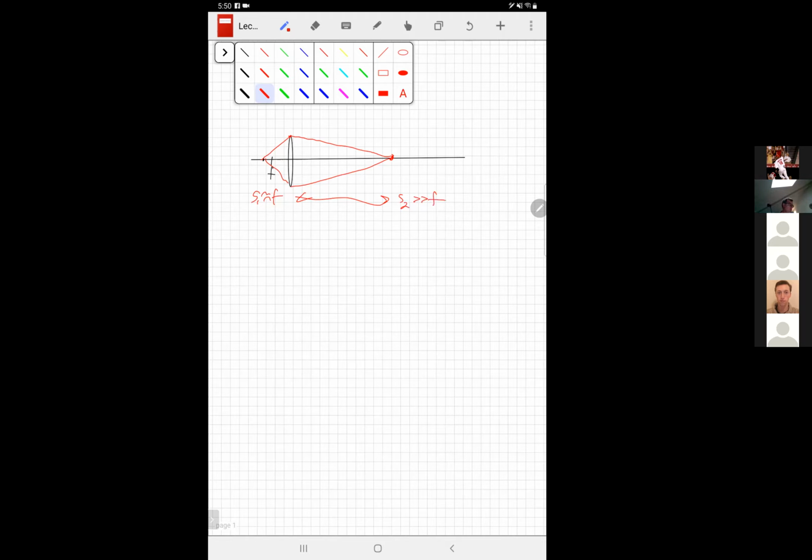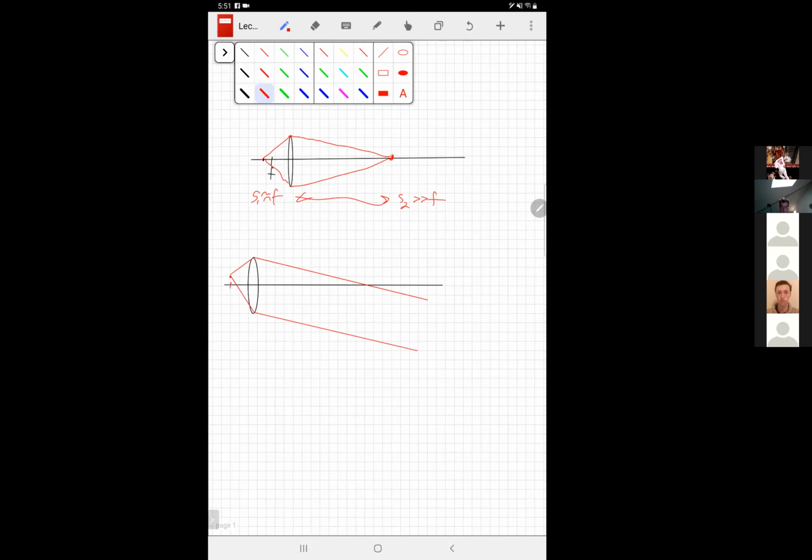Now, what people do oftentimes, at least in some microscopes, is that they make what they call an infinity corrected objective. Infinity corrected lenses aren't always the best choice, but in some cases they can be a very good choice. So what they do is they have a lens that will take light from a point and it will just send that light to infinity.